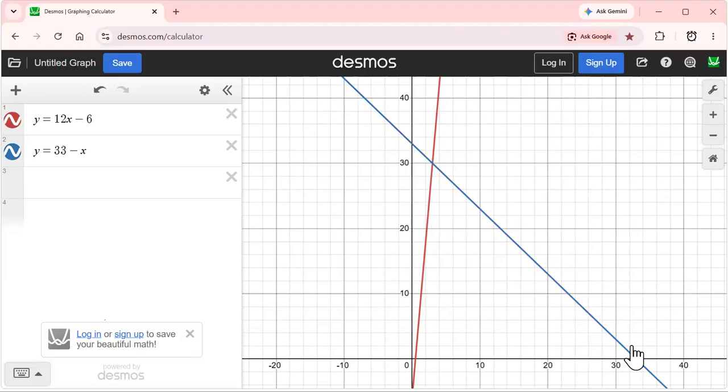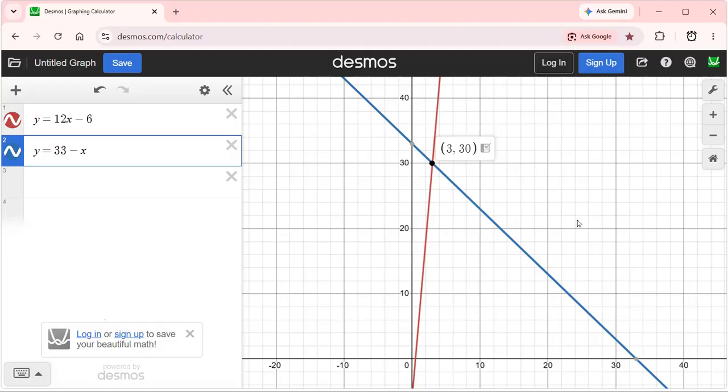And what was our solution? What was x equal to? 3, right? X is equal to 3. So if I click on this point here, what's going to be this point? The x coordinate is 3. What we're trying to figure out is where they cross, or if they cross at all.